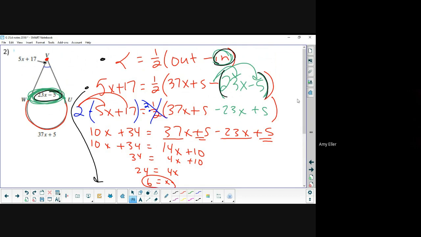The other part you have to make sure, when you multiply this side by 2, you multiply this side by 2. I combine my like terms. I have x's here, so 37 minus 23. I have a 5 and a 5, making 10. Questions on this one?